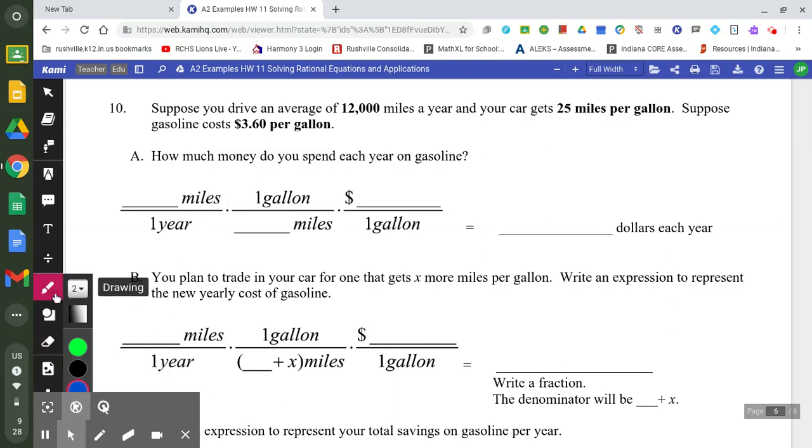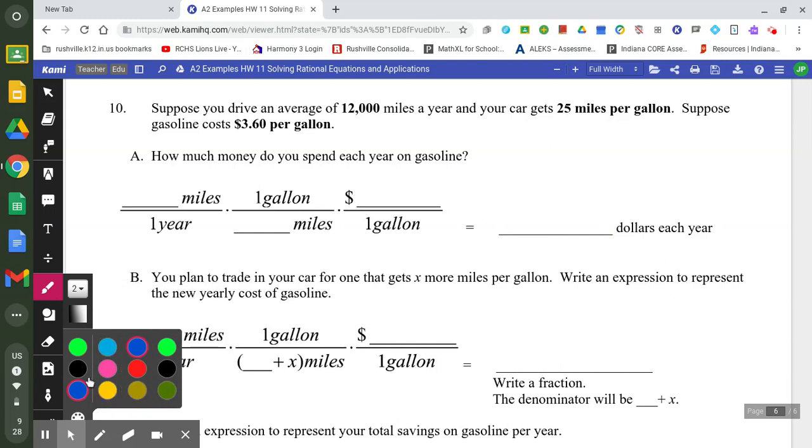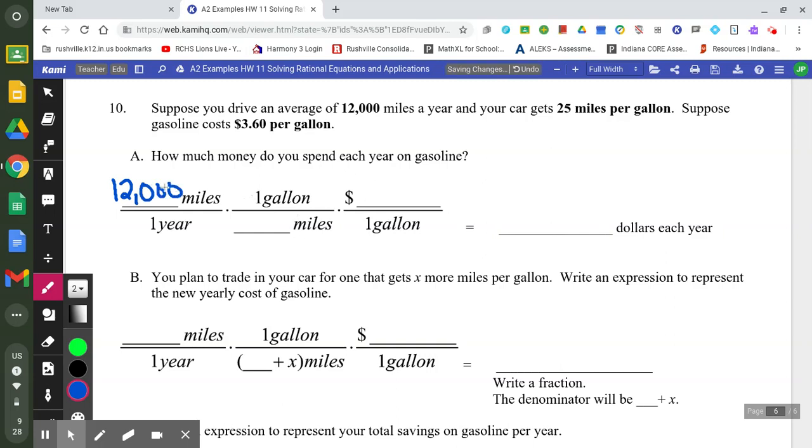So I'm going to put 12,000 miles here. And so 12,000 miles a year. 1 gallon of gas goes 25 miles. And then 1 gallon of gas costs $3.60.